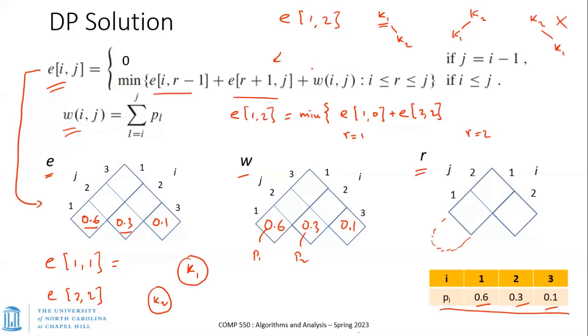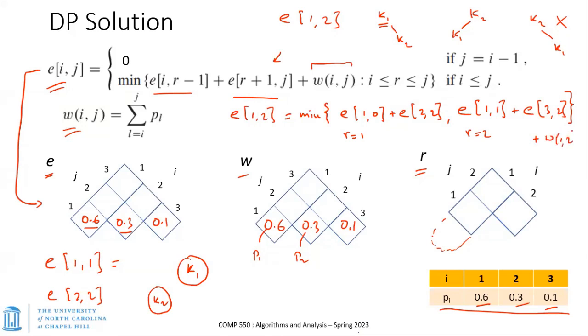I'm going to leave out the weight over here because that's common to both of these parts, versus E1,1 plus E, now R plus 1 is 3, 2. The minimum of those two plus the weight 1, 2.